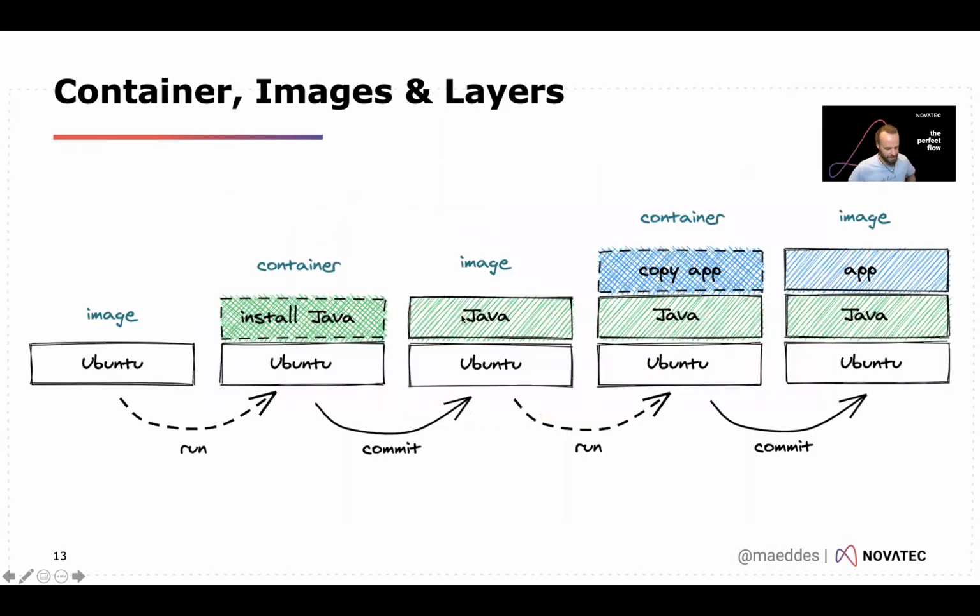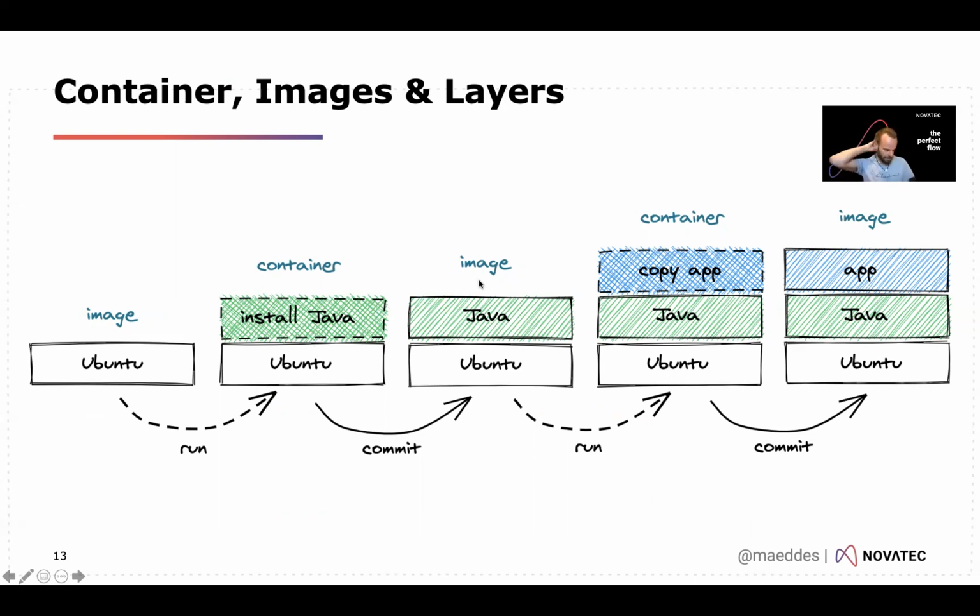Those images are the point of focus for today, and to give a bit of history and a few internal details: you might have heard that those images don't come as one big blob storage artifact. They're separated into layers. In the very beginning, an image was turned into a running container by calling run. Then you could do some modifications on that container and commit it into a new image.